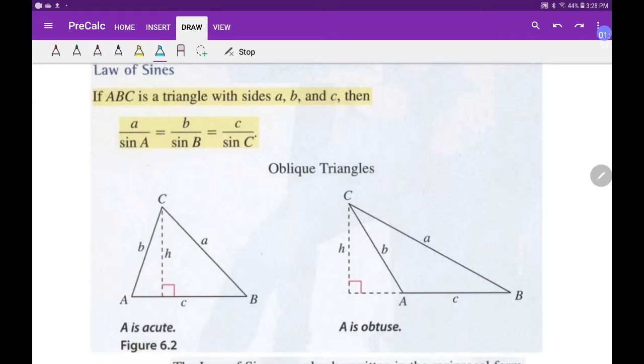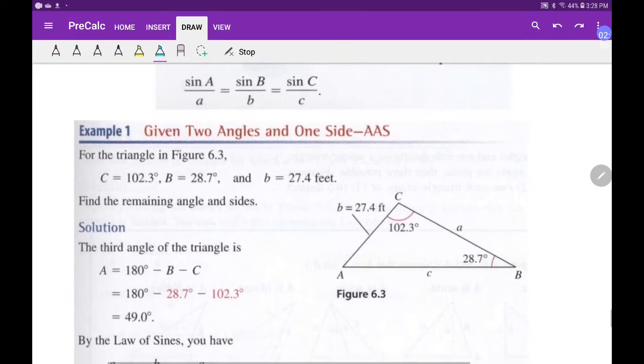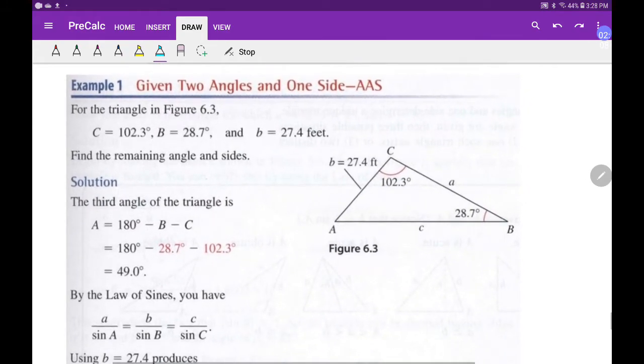So A over the sine of A equals B over the sine of B equals C over the sine of C. And if you want to leave out A or B or C, you can, but you're going to need 2 of those at least. Okay, so we look down here and we see this triangle and we say, they've given me an angle and another. That's 2 angles and a side.